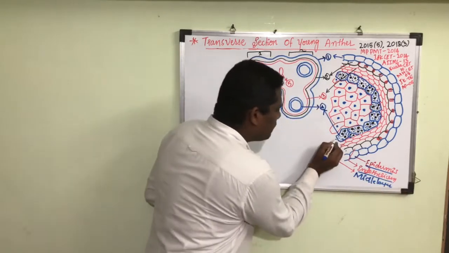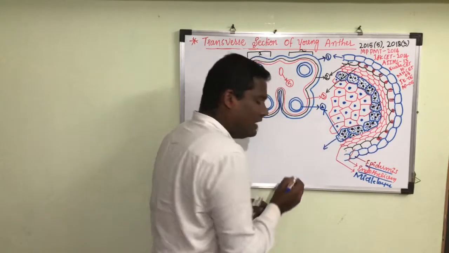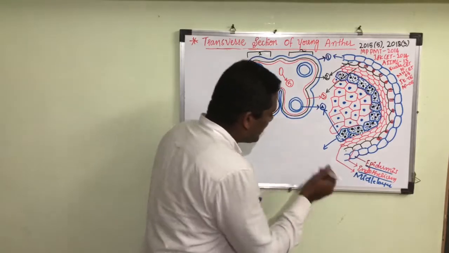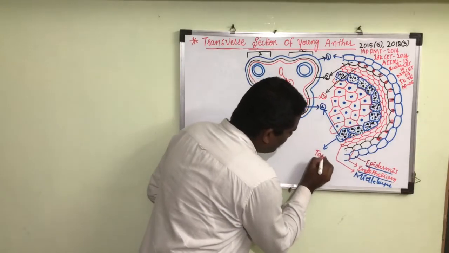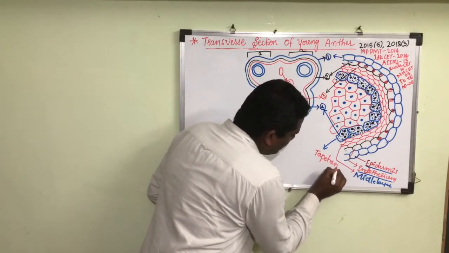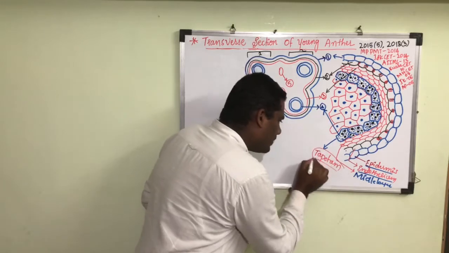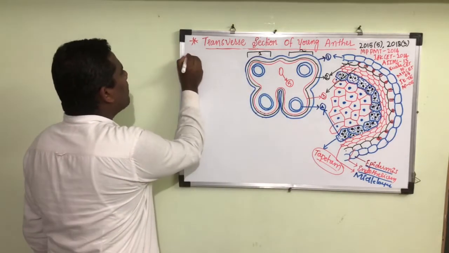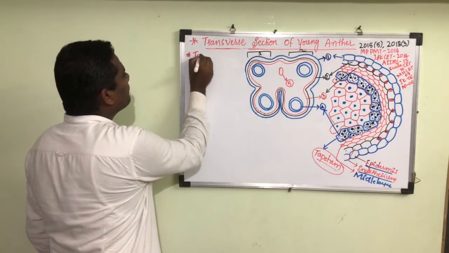And this fourth, as I told earlier, is the very important layer in the anther, that is called tapetum. This tapetum we are going to study in this particular video. Let us talk about the tapetum.